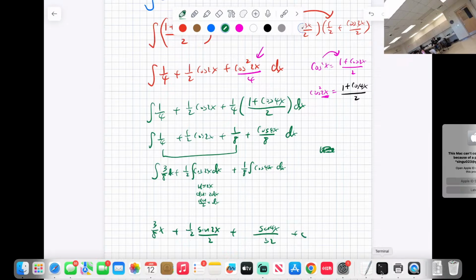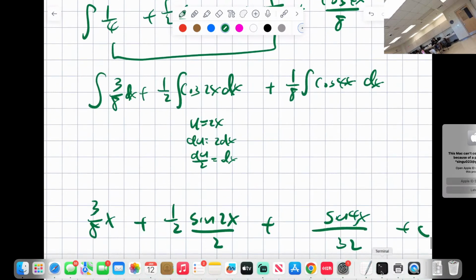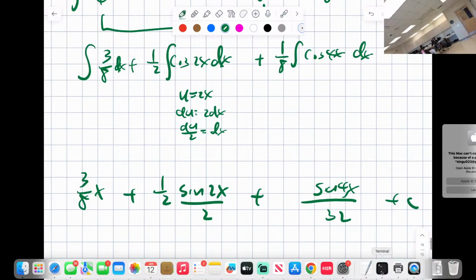What's the third thing before C? Sine of 4x over 32.